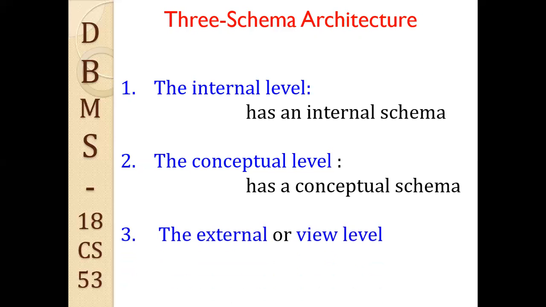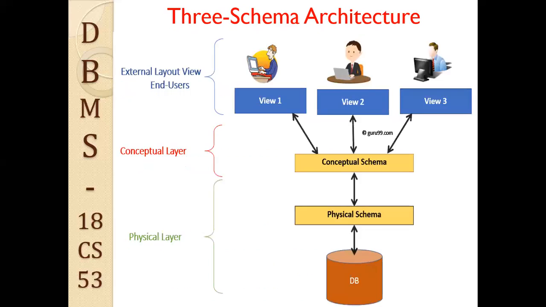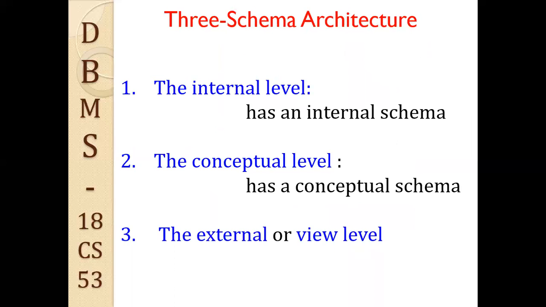And the final level is the external level. We can also call this the view level. As the name indicates, this includes a number of external schemas or a number of users, and each user may have their own view.